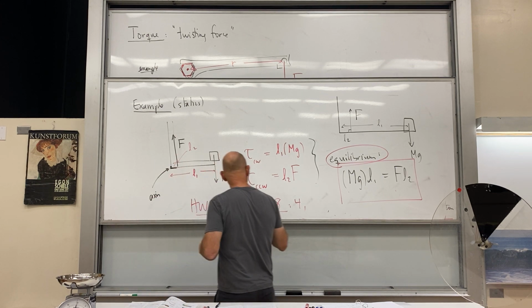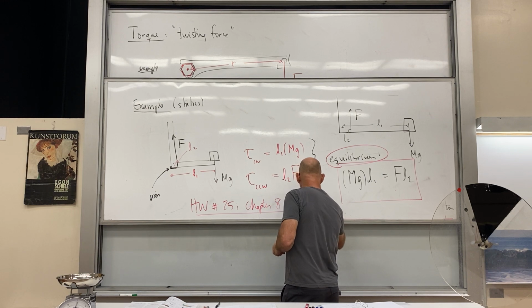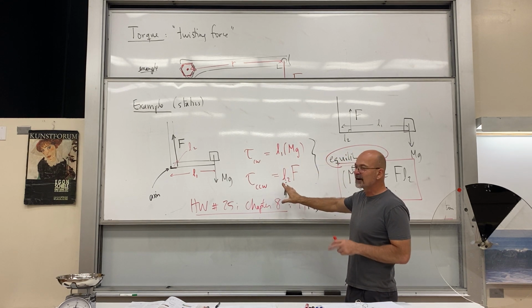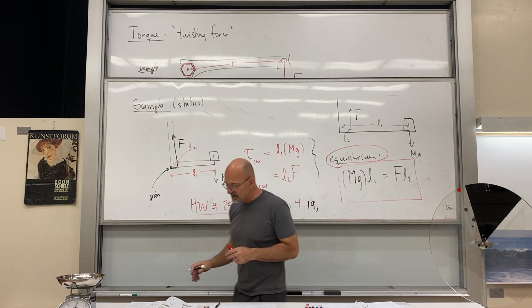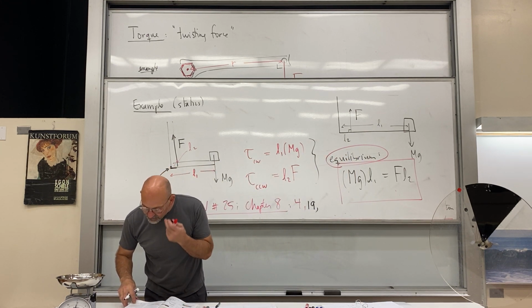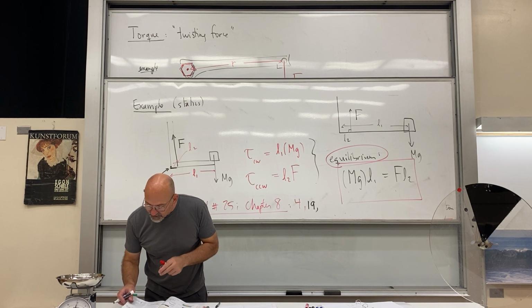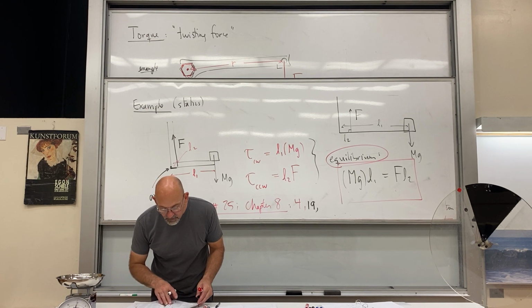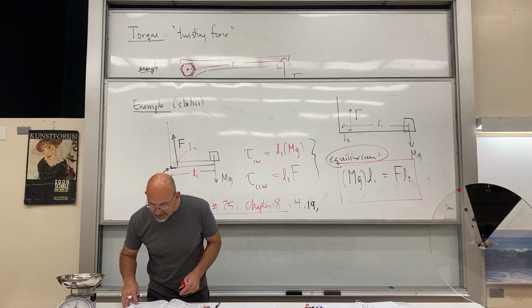Okay, number 19. You have to extend the definition of torque. You're going to have to look that up in the book. I'll come back to that, of course. 19 is similar to what I just did, except the angles are not right angles. And I'm going to do number 27.